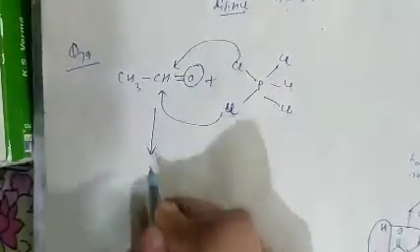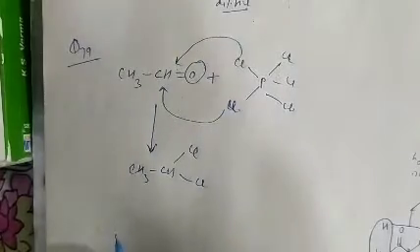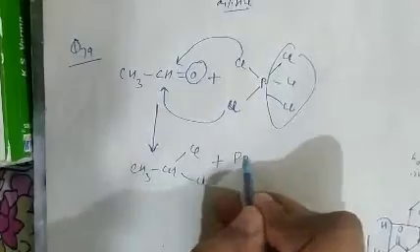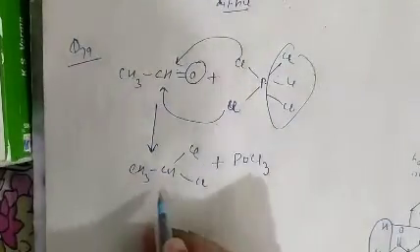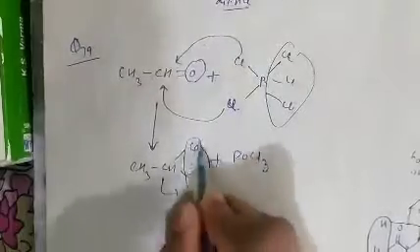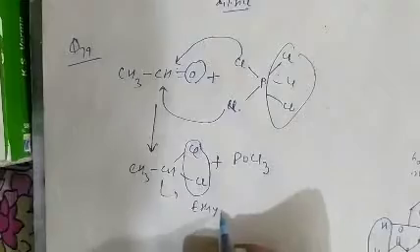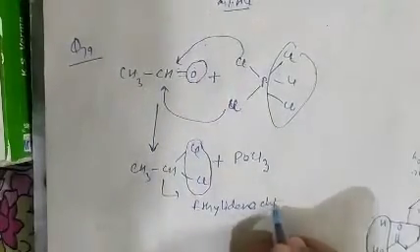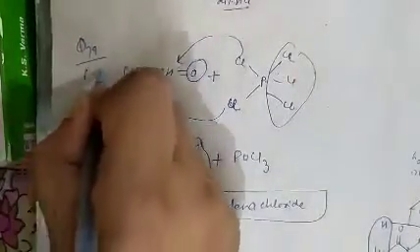So it will form CH3 CH Cl Cl, and the byproduct is P double bond O and Cl3, which forms POCl3. As a geminal compound is formed, also called ethylidene, having 2 carbons, it is ethylidene dichloride, ethylidene chloride. So question number 79, option C is correct.